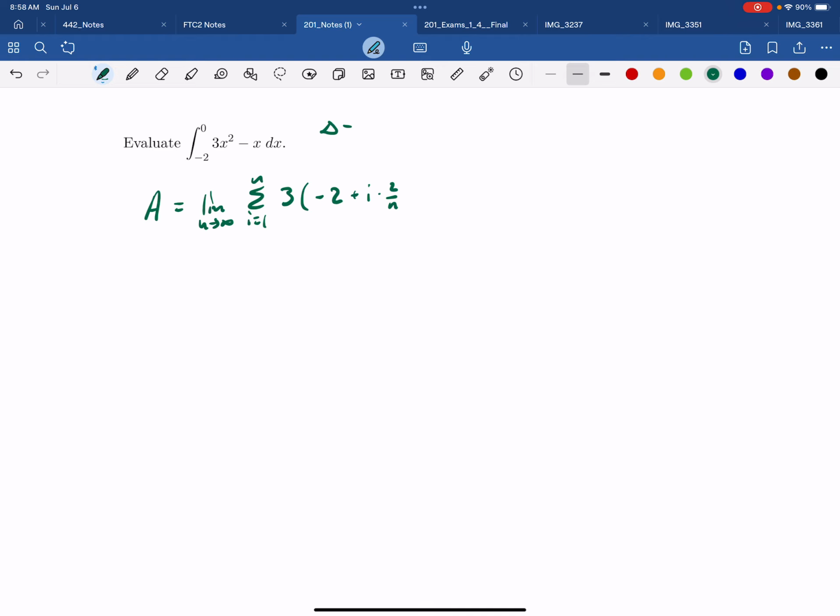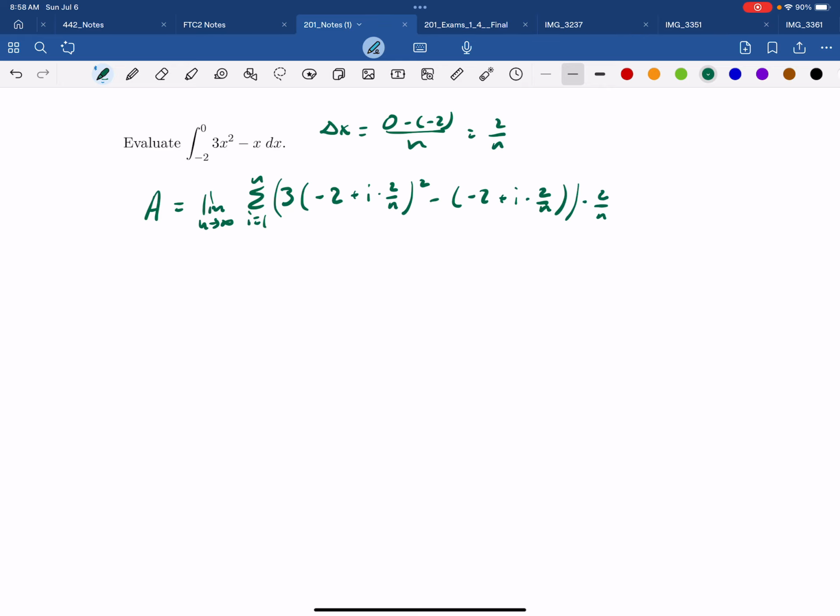Because delta x equals 0 minus negative 2 all over n, which is 2 over n. Remember, delta x is always positive, right? Squared minus x_i. And then all this is being multiplied by 2 over n.